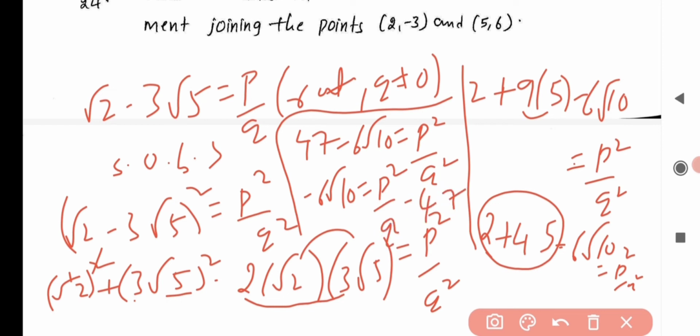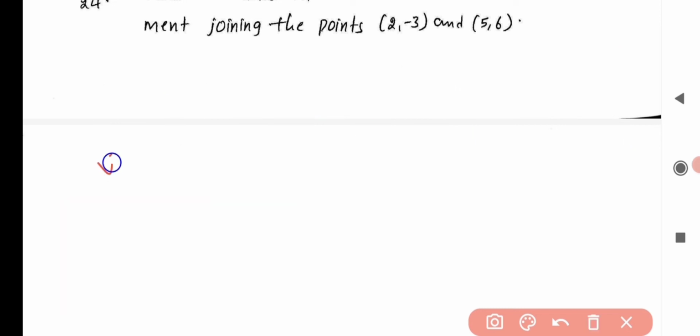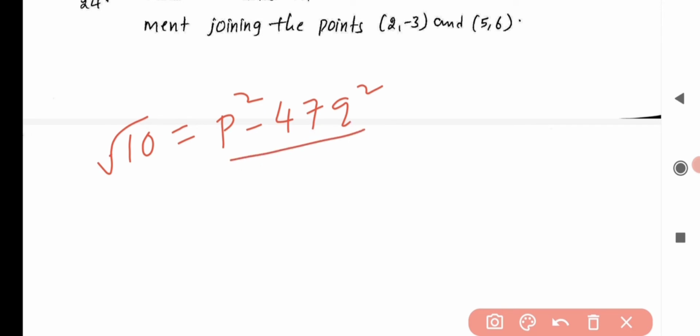So simplify this one: minus 6 root 10 equals 47 q square, so p square minus 47 q square by q square. Minus 6 multiplies and changes to the RHS as division by minus 6. So finally root 10 equals p square minus 47 q square by minus 6 q square.